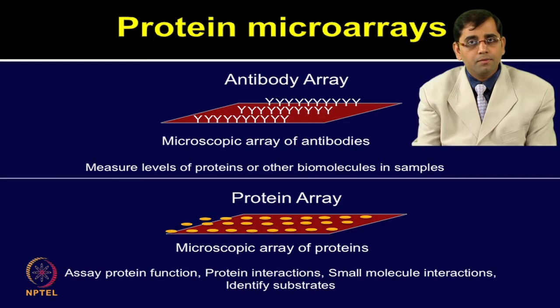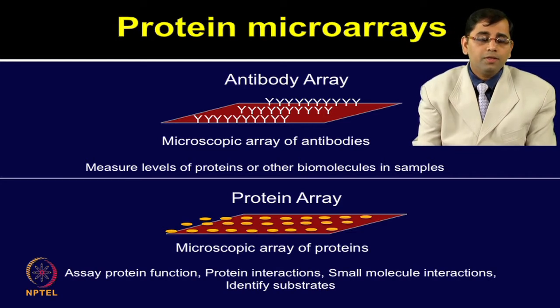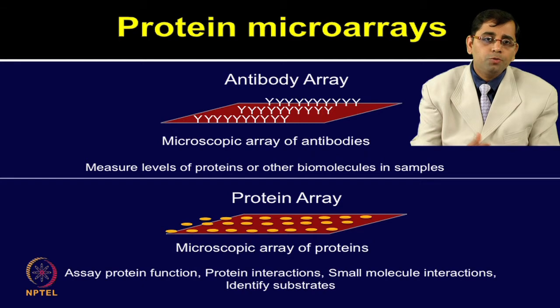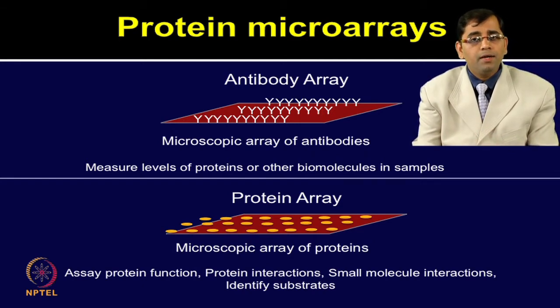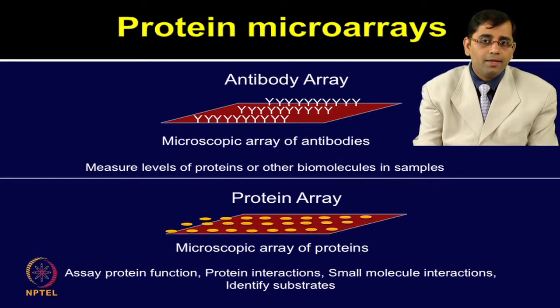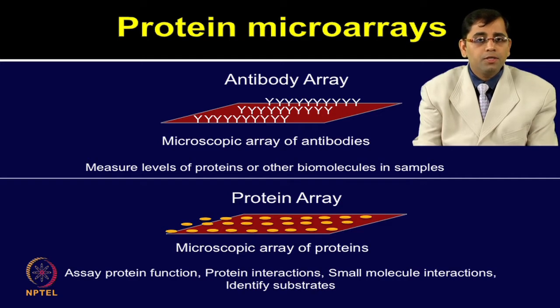For example, comparison of control with test conditions. In antibody arrays, thousands of antibodies are printed on the chip surface, and they can be used to measure proteins or other biomolecules in different samples so as to compare control versus experimental conditions for protein abundance measurement.